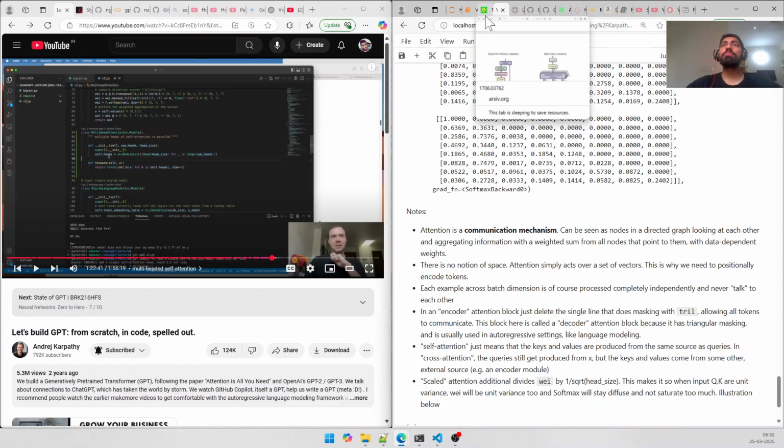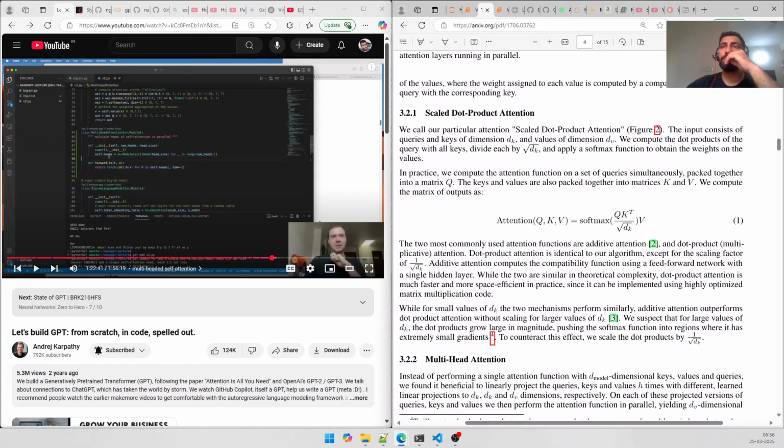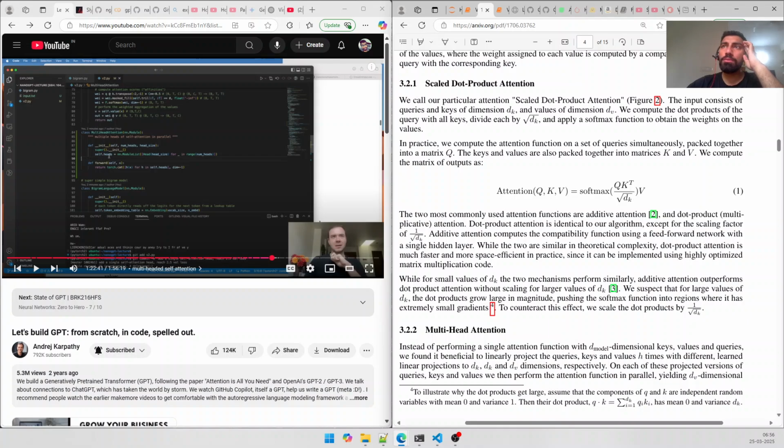If you see in the paper, one is the query, which is what it is looking for. The next is the key, how it represents itself. That was the notion behind it.